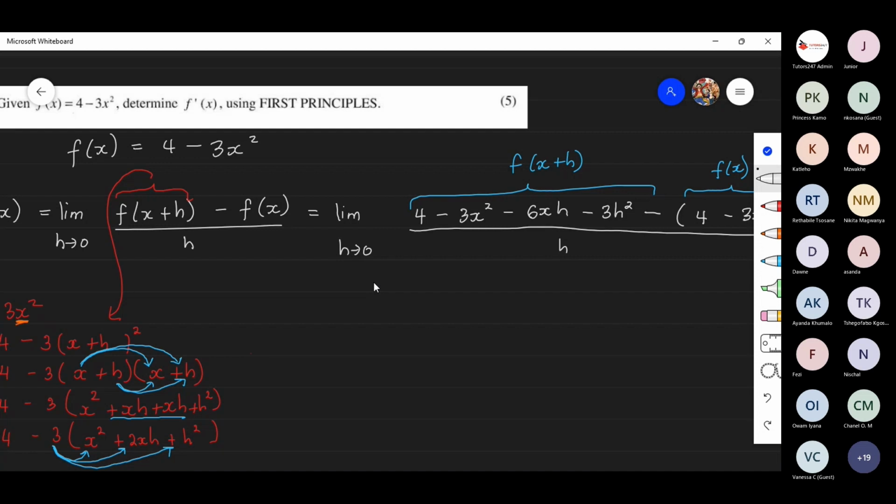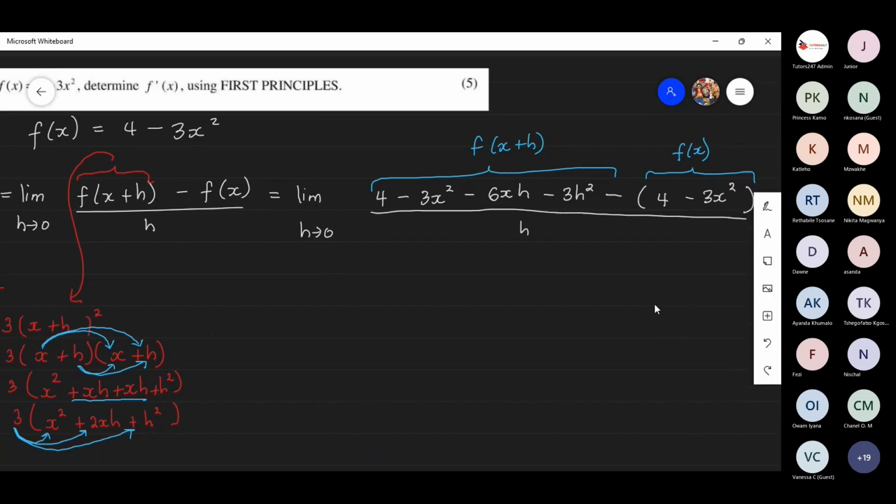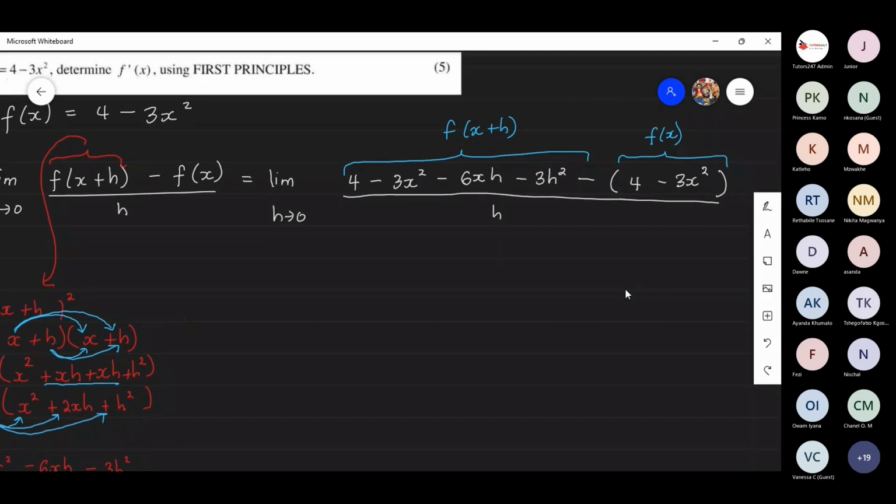At a certain point we are going to substitute 0 into our equation, and from that point that is where you do not write the limit as h approaches 0. So all the steps before substitution, always make sure that you rewrite the limit as h approaches 0.